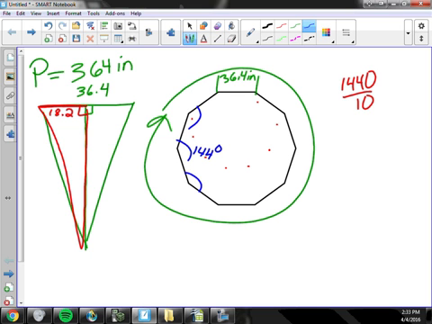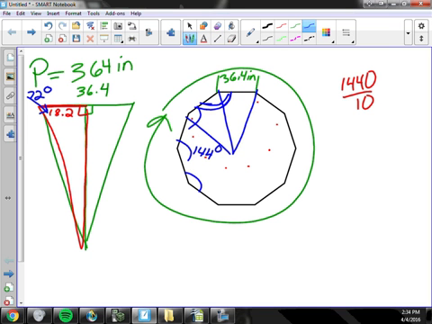And if I draw this triangle here, this angle is exactly half of this angle, which is 144. So this is 72 degrees.